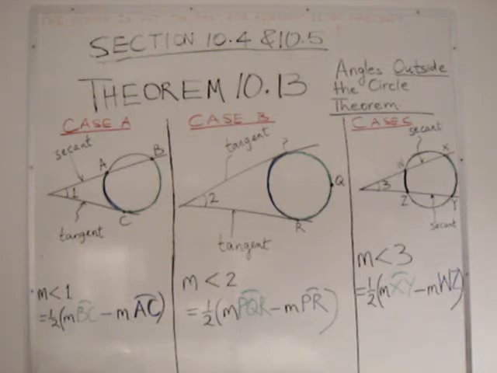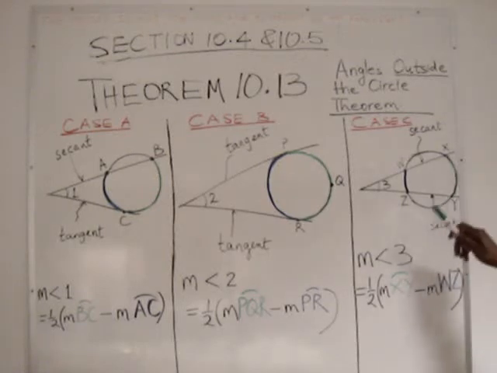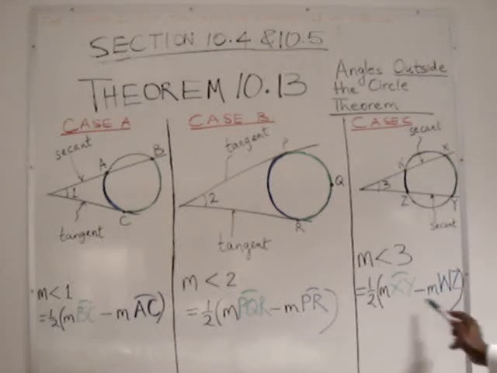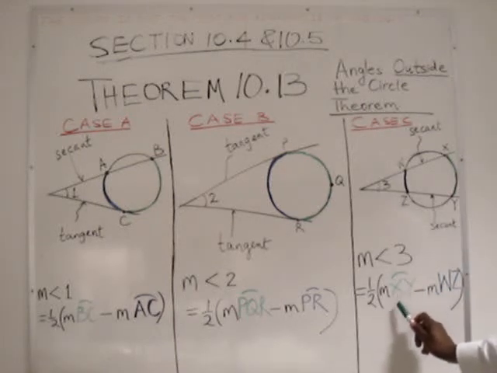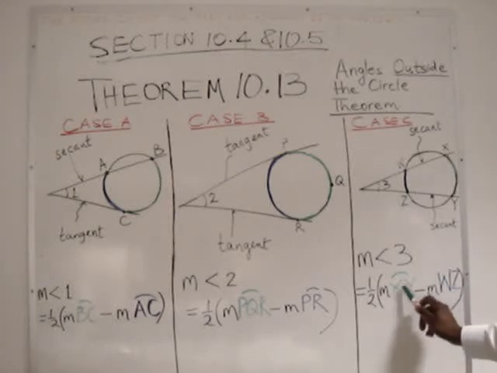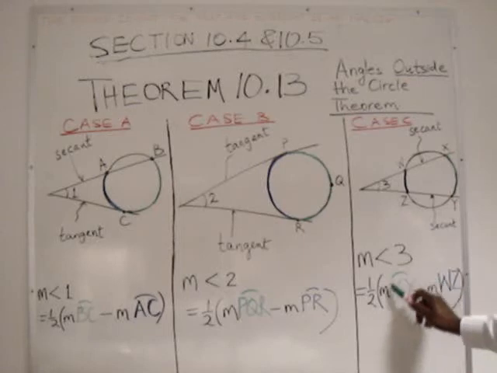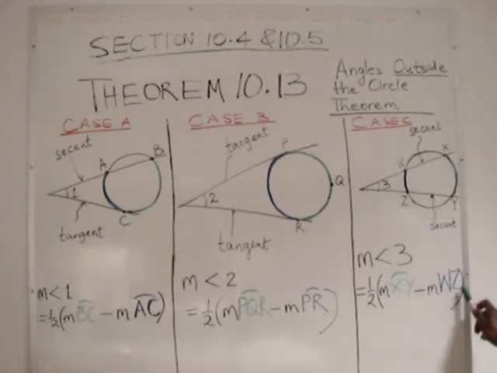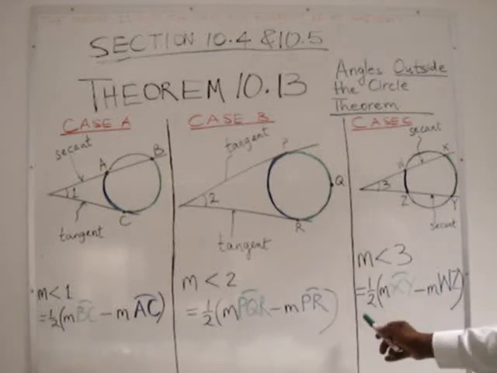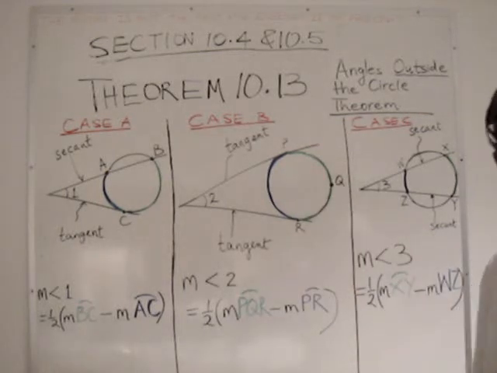Actually, rather than bigger or smaller, it's better to say this number cannot be negative. So when you are working your problem, put whichever one is bigger first. It cannot be negative. So if the measure of arc XY is bigger than the measure of arc WZ, then you subtract the smaller one from the bigger one. Just put it that way. But basically you're looking for two arcs.